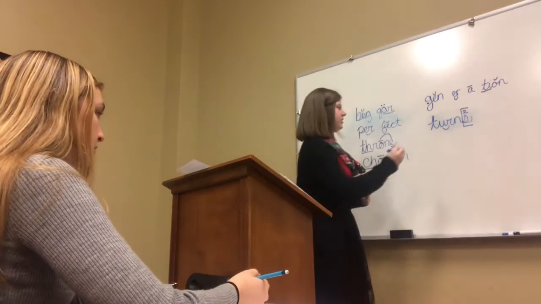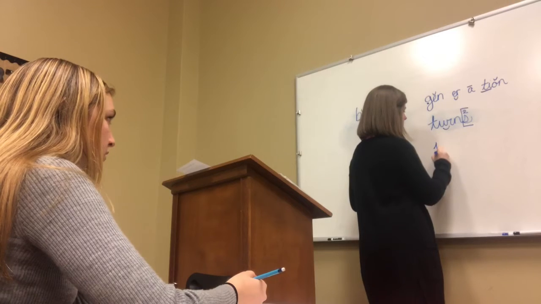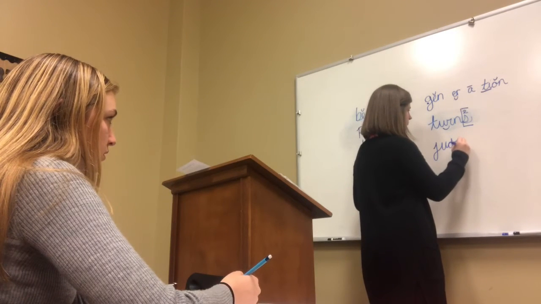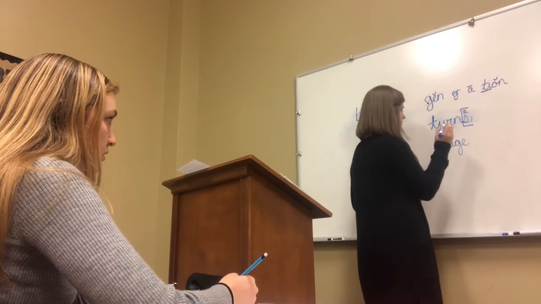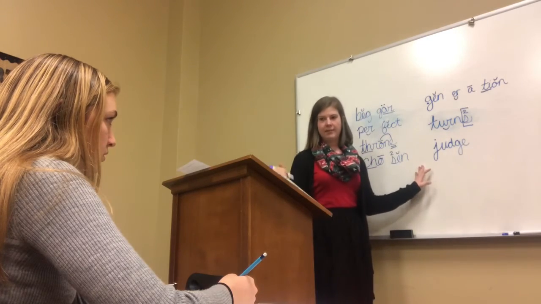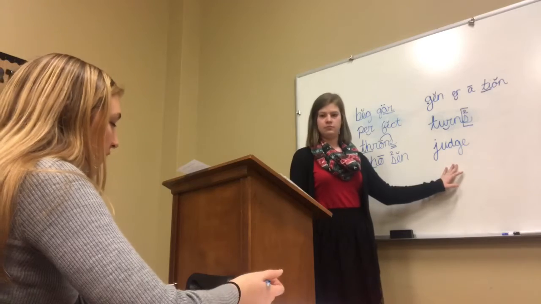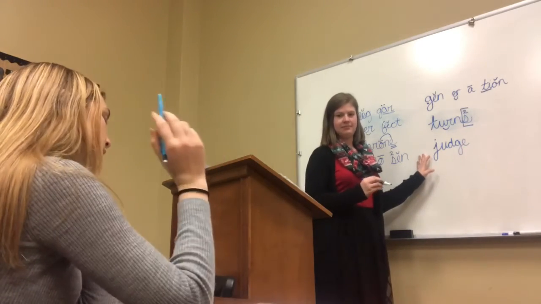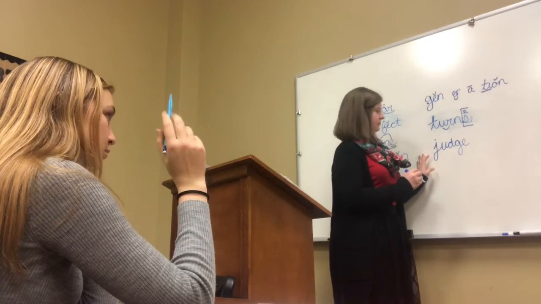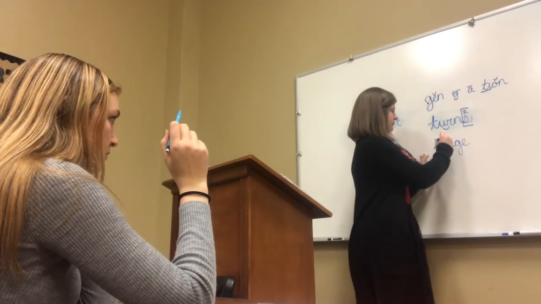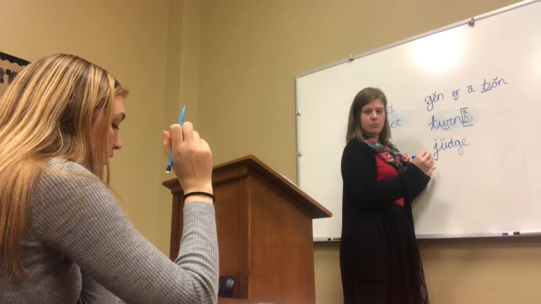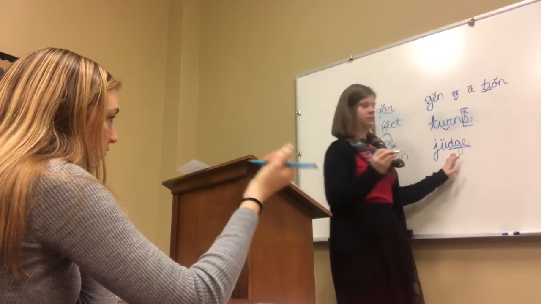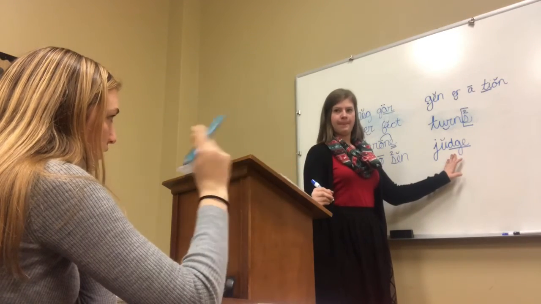Judge. All right. Now you're going to teach me. All right. Wonderful. Does your word look like my word? Yes. Wonderful. Okay. So now we're going to go ahead and code it. We're going to put a breve over the and underline the J because it's our 3-letter J, which is a grapheme.